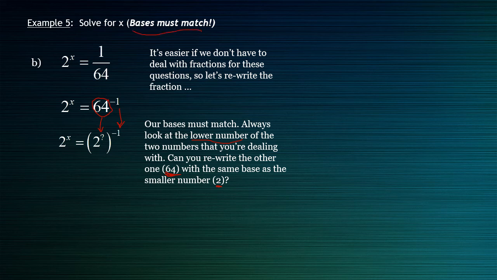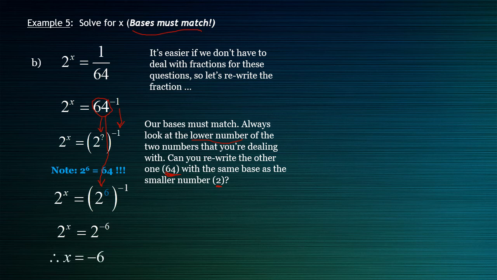So I'm going to have to make my bases match. So 2 to the power of 6 is 64. So that means instead of writing 64, I'm going to write 2 to the power of 6. It's exactly the same thing. Using my power of a power law, I multiply those two numbers together, and I can see now easily that x is 6.